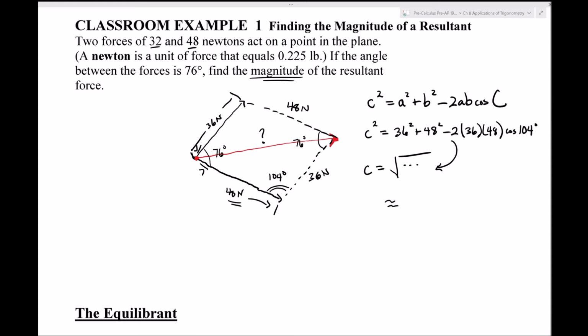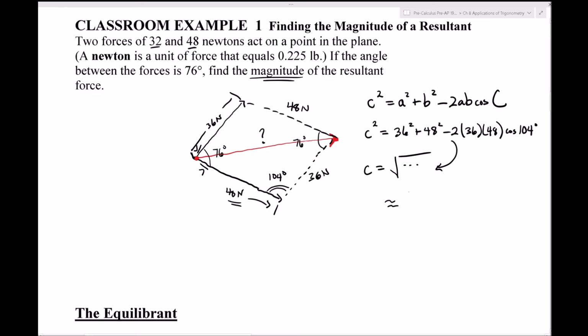So 32 and 48 with no decimal value, so 2 sig figs, more than likely nearest one's value. I'm pretty sure I'm in degrees. You want to make sure that your calculator is in degrees, or know what mode you're in and then work accordingly. So we want the square root of 36 squared plus 48 squared minus 2 times 36 times 48 times cosine of 104 degrees.